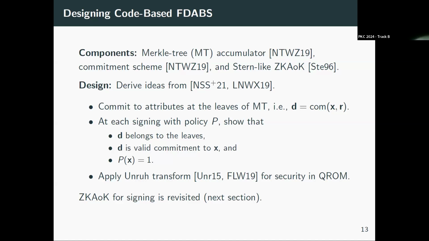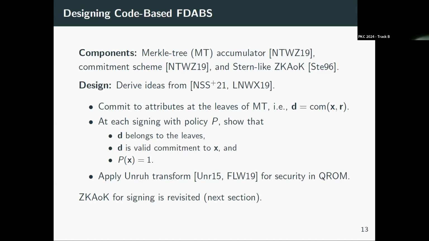When signing, we need to show that D is among the members, and D is a valid commitment, and also we need to show that the predicate on the input attribute S is satisfied. And then to make it secure in the quantum random oracle model, we show it by using the Unruh transform from previous work.